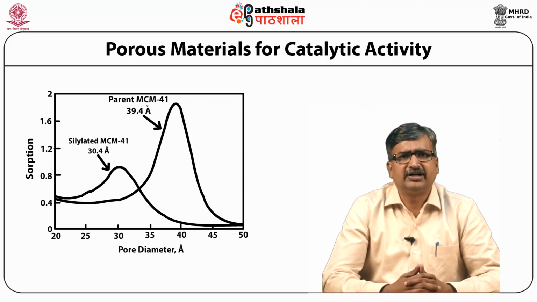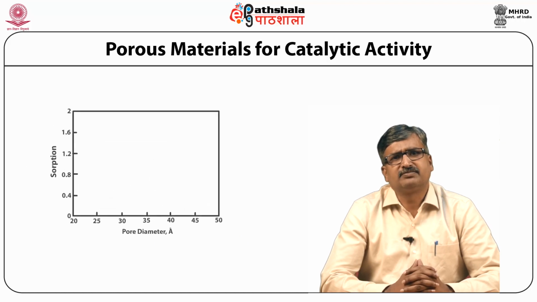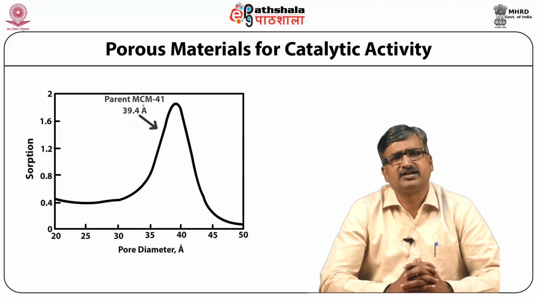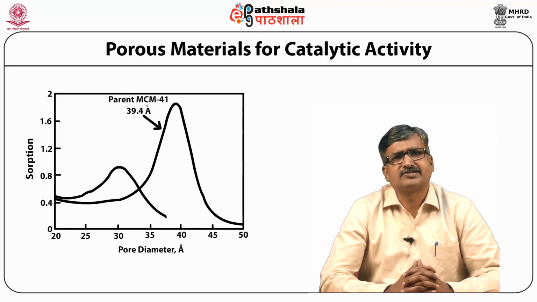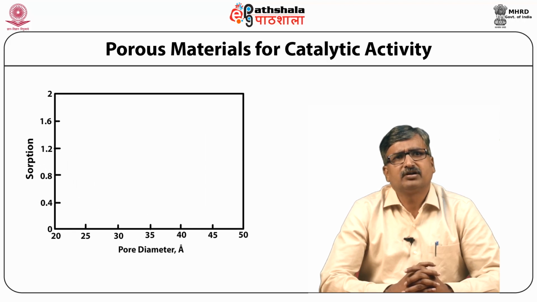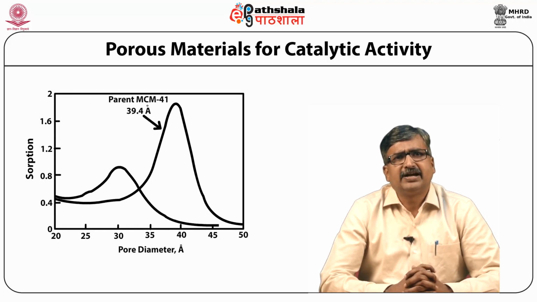A porous material ordinarily has a range of pore sizes, for example the organosilicate molecular sieve MCM-41, which has a mean pore size of around 39 angstrom. The introduction of the relatively large trimethylsilane group to replace the proton of silanol in the pores occupies some of the pore volume, and shifts the distribution of pores to a smaller range of size, as shown in the lower left spectrum of the figure.